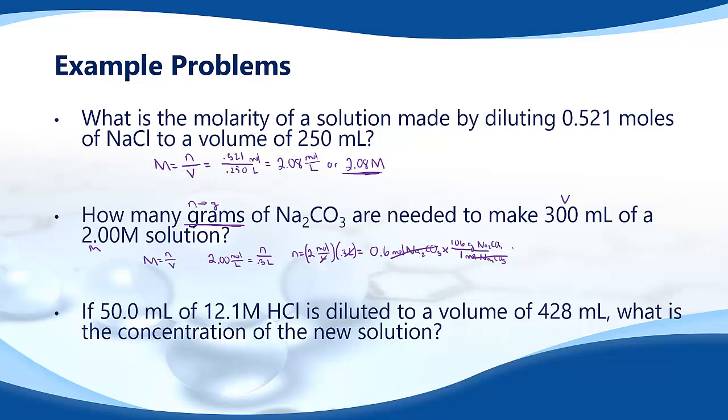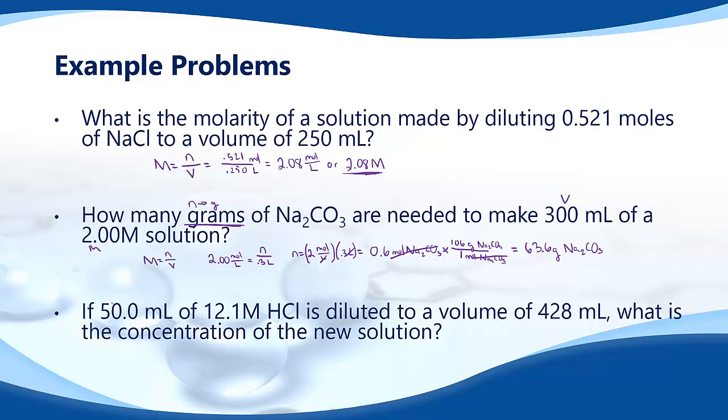So 0.6 times 106 gives us a final mass of 63.6 grams of sodium carbonate. So to make 300 mils of a 2 molar solution, I need to add about 64 grams of sodium carbonate to it, or washing soda. This kind of calculation right here in a lab is actually the single most common solution calculation you'll have to do, which is how much solute do I need to make this solution?